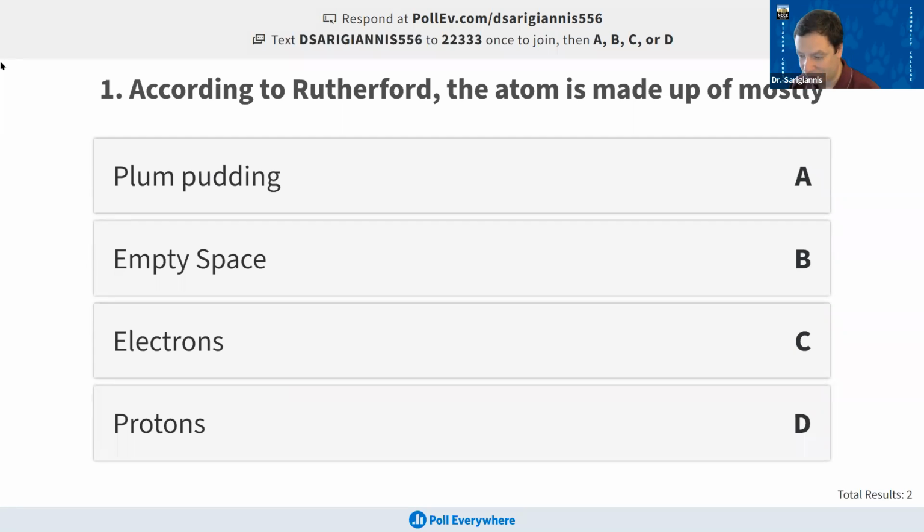All right, so I joined the session. It took about that long for me to do that. One of these answers is definitely not the answer. Well, 3 of them aren't, but one should be obvious.